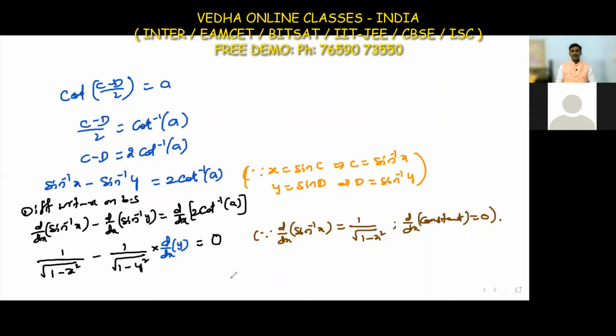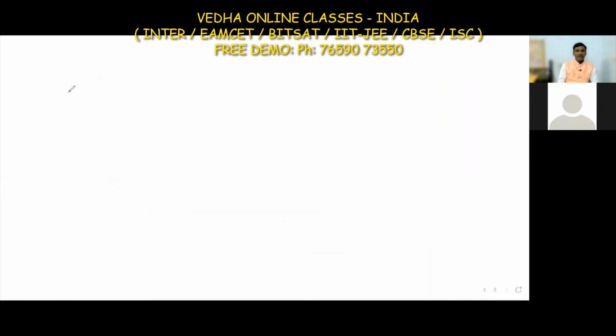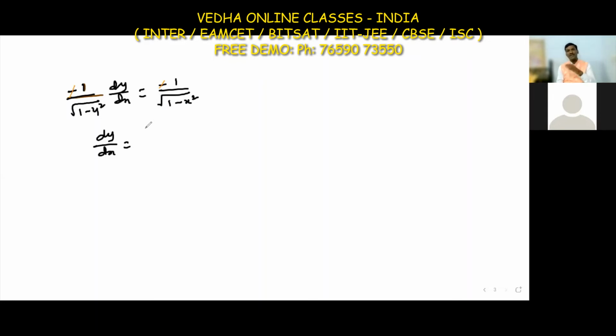Then we get minus 1 divided by root of 1 minus y square into dy by dx is equal to minus 1 divided by root of 1 minus x square. Now the minus gets cancelled. This is in the denominator, so if you take it to that side, it multiplies. So dy by dx is equal to root of 1 minus y square divided by root of 1 minus x square.